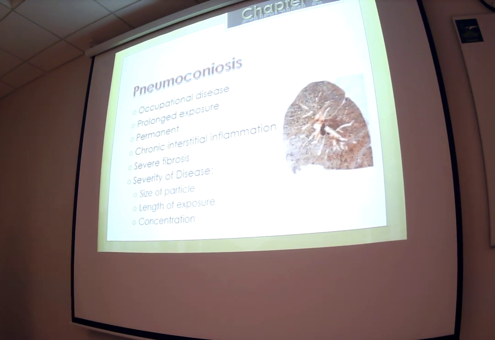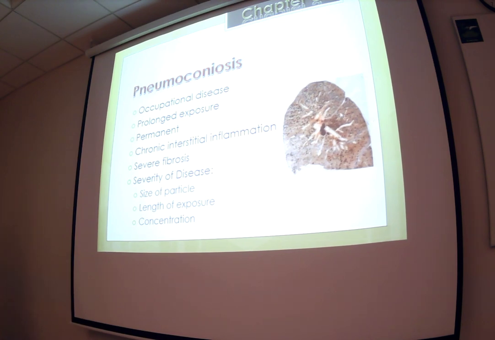Pneumoconiosis. This is typically an occupational disease. People who have prolonged exposure to chemicals or other irritants, working in factories, manufacturing, things of that nature. This is a permanent effect. There's no cure or reversal for this.